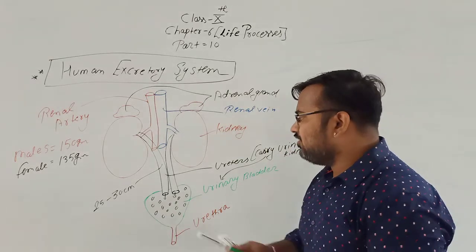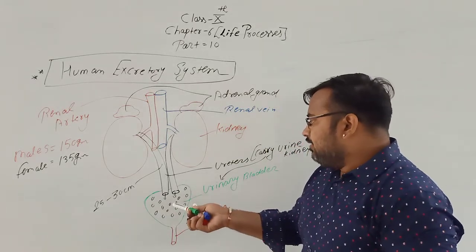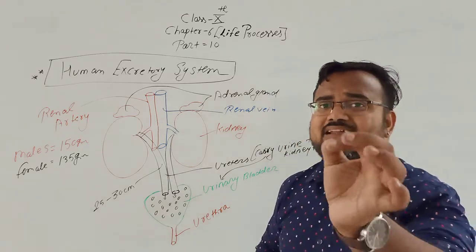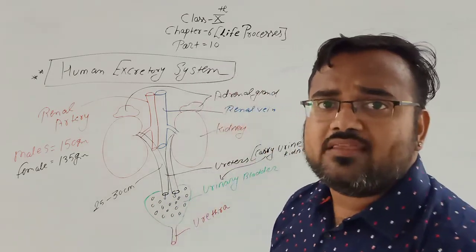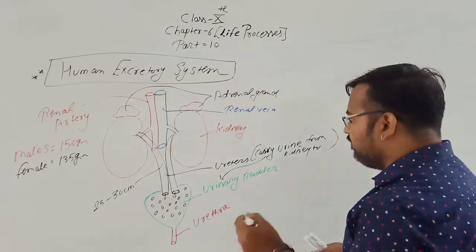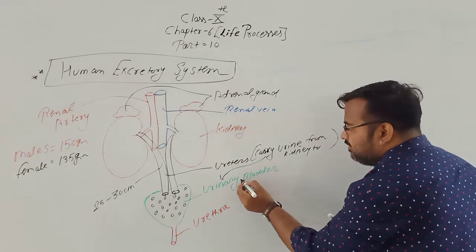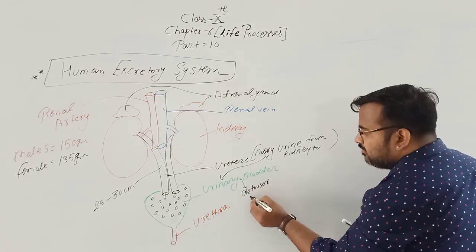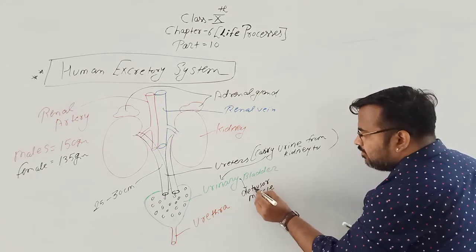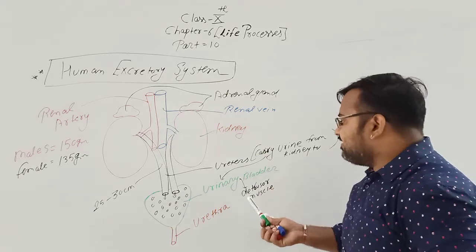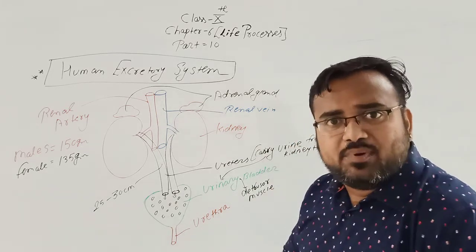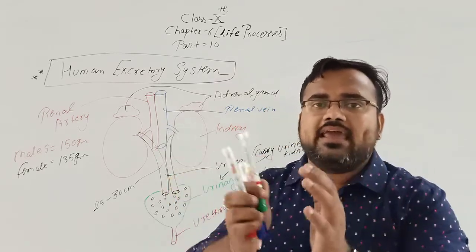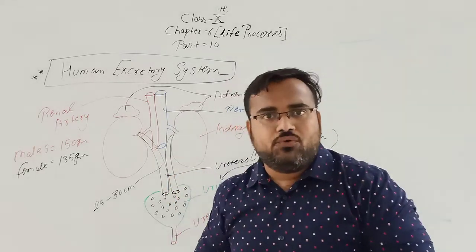These urine droplets are continuously stored in the urinary bladder, and there is a muscle present in the walls of the urinary bladder known as the detrusor muscle. Because of the detrusor muscle, the urinary bladder can swell and store more urine.